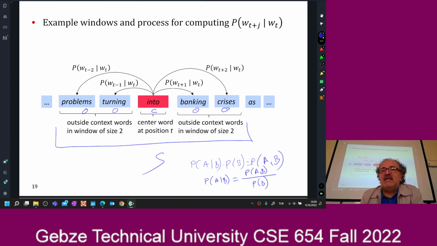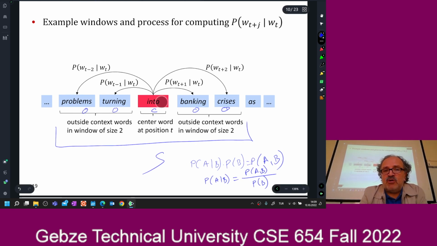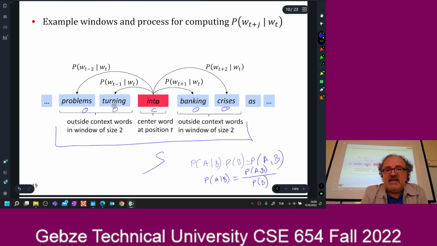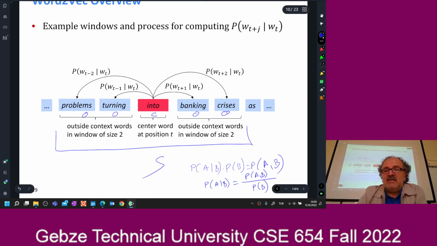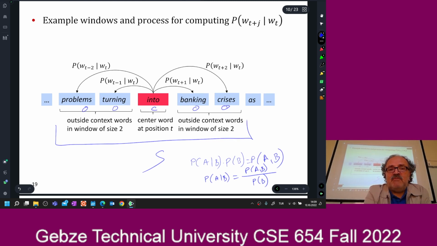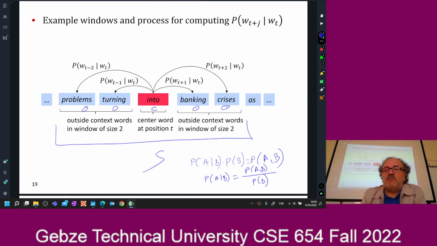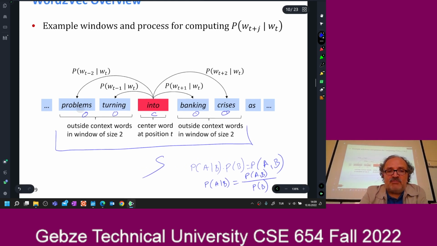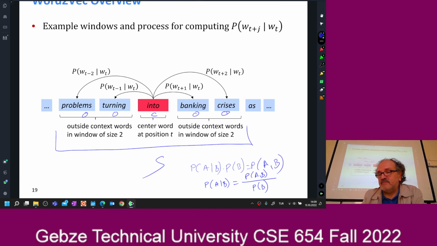So I am saying define this probability in a way that this probability is high, this is high, this is high, and this is high. It's kind of saying that if I know that W_t happened, the probability of banking happening in the same window is high. Crisis is high, turning is high, and problems is high. So that's the meaning of it.